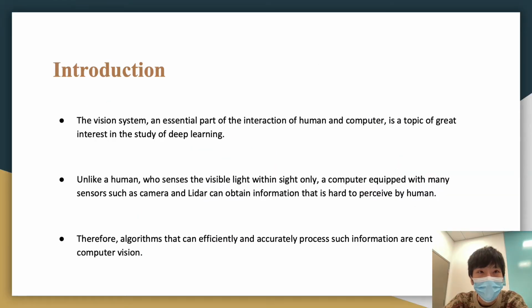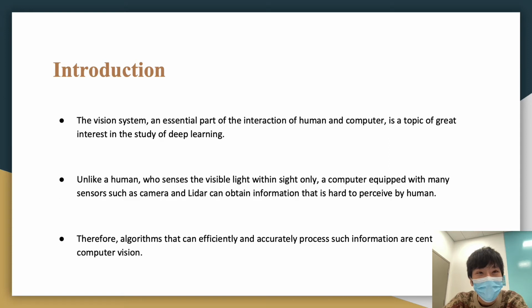The vision system, an essential part of the interaction of human and computer, is a topic of great interest in the study of deep learning. Unlike a human who senses visible light with eyesight only, a computer equipped with many sensors such as camera and lidar can obtain information that is hard to perceive by humans.